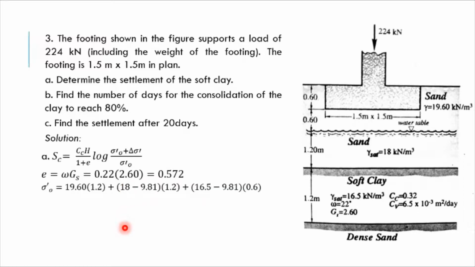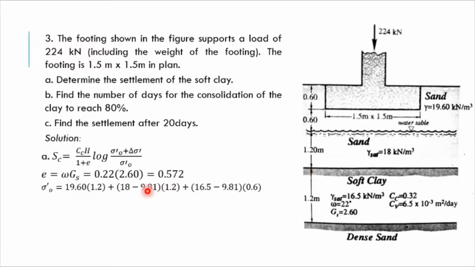And then, in order for us to get the overburden pressure at the mid-height of the clay layer, at this point, this will be 19.6 multiplied by 1.2, plus the buoyant unit weight of this soil, which is equal to the saturated unit weight minus the unit weight of water.